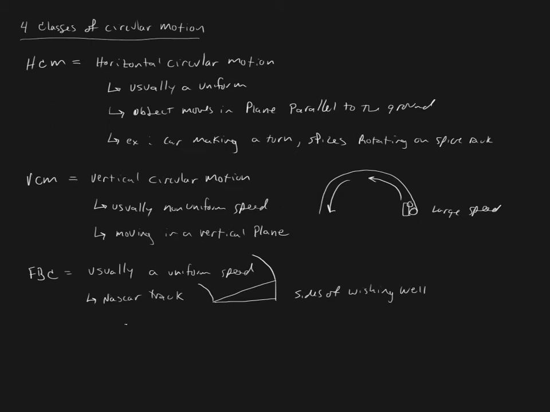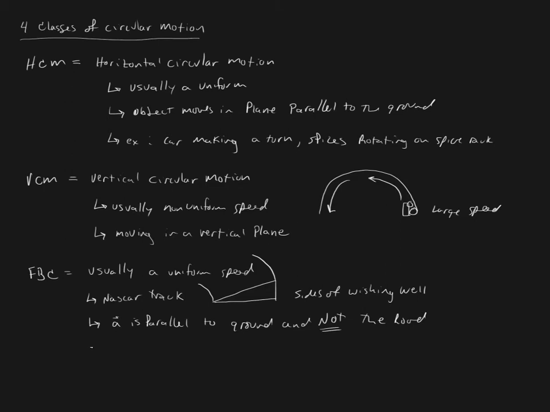Now, one of the key things to remember about the frictionless banked curve is that the acceleration is parallel to the ground and not the road. And we'll see more of this again as we look individually at these various types of circular motion.